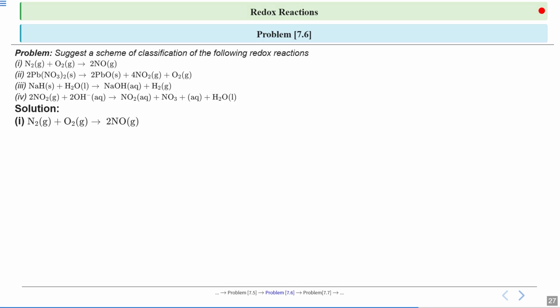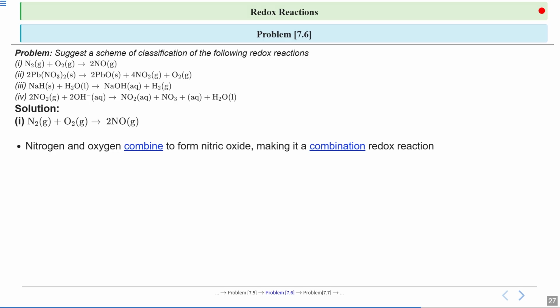Hence, all these points indicate a combination reaction. Therefore, nitrogen and oxygen combine to form nitric oxide, making it a combination reaction.